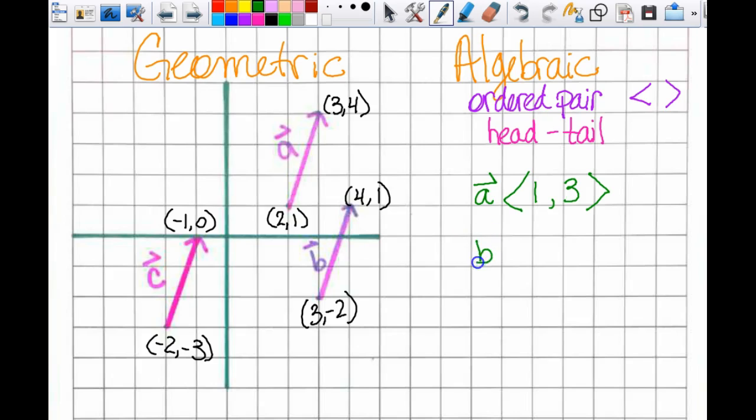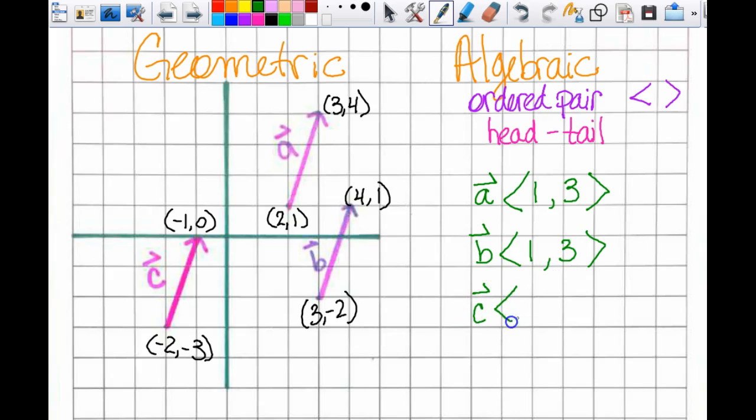For B, my component form is going to be 4 minus 3, which is 1. 1 minus a -2, which is, what's 1 minus a -2? Hard question of the day. Oh, come on. 1 minus a -2. 3.